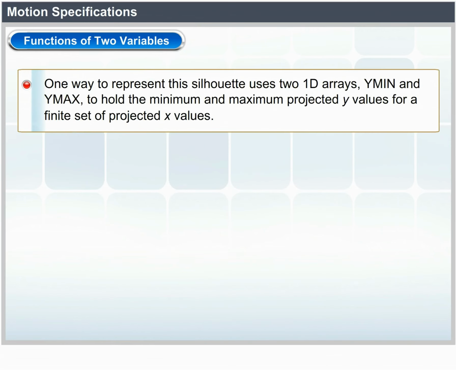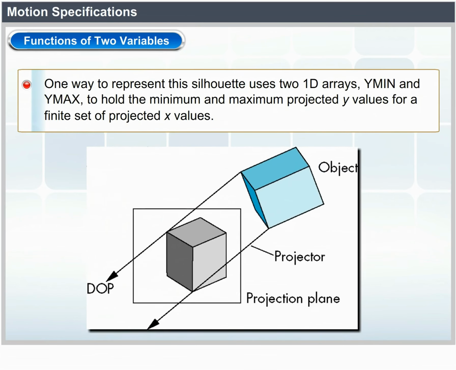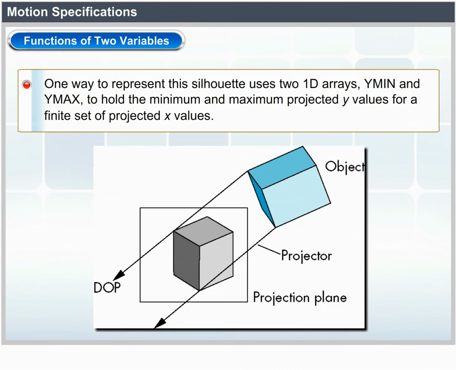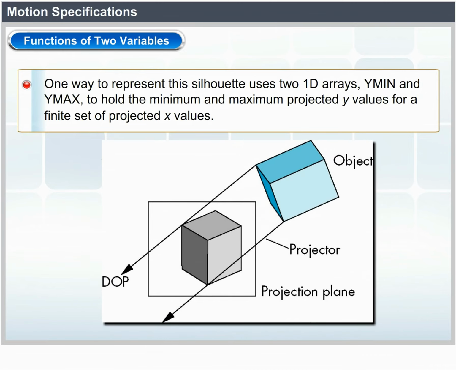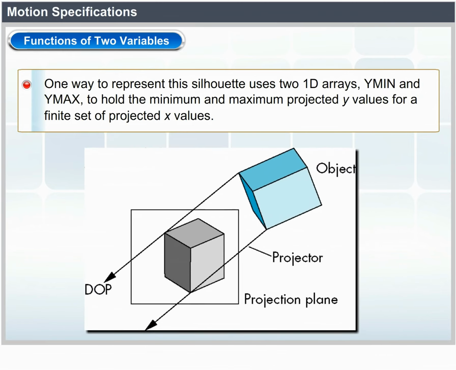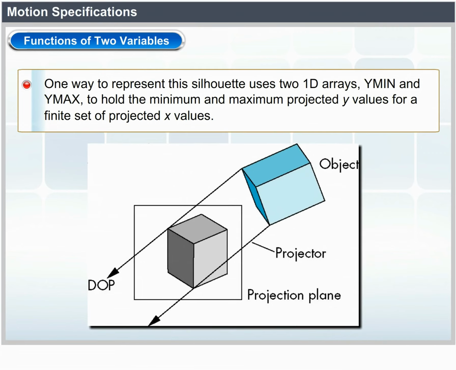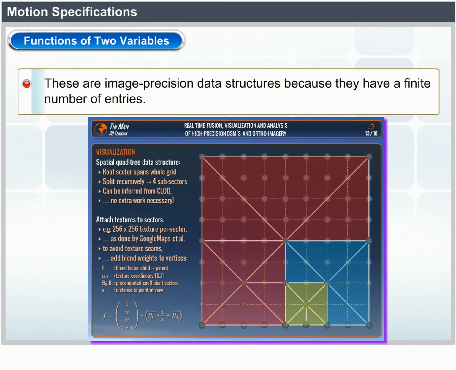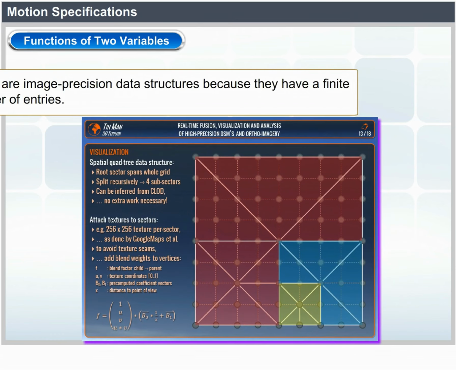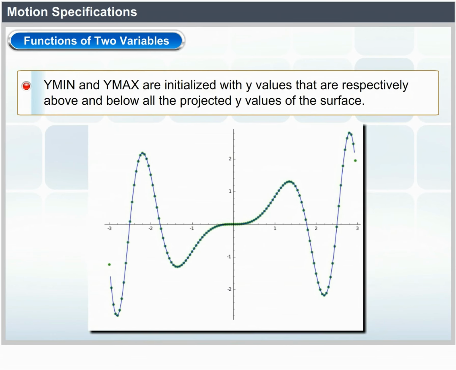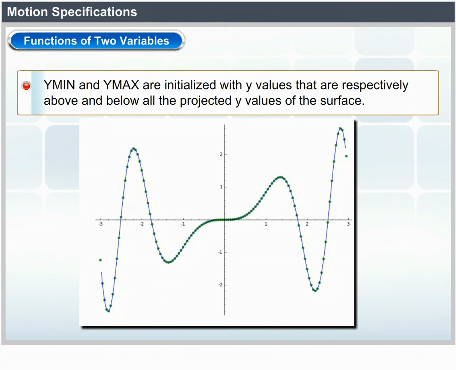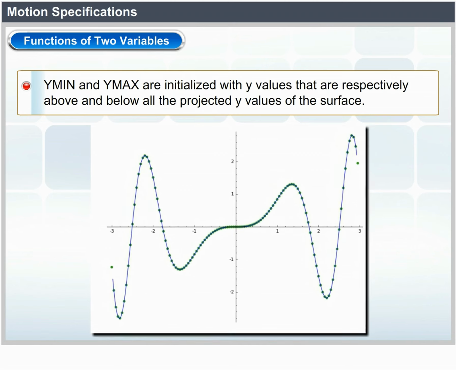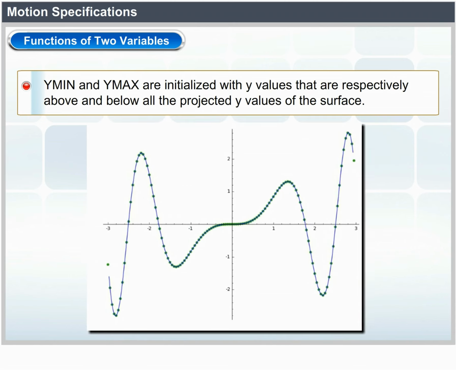One way to represent this silhouette uses the two 1D arrays ymin and ymax to hold the minimum and maximum projected y values for a finite set of projected x values. These are image precision data structures because they have a finite number of entries. Ymin and Ymax are initialized with Y values that are respectively above and below all the projected Y values of the surface.